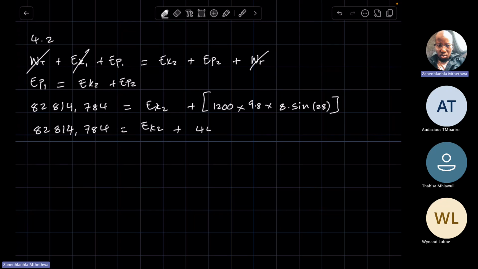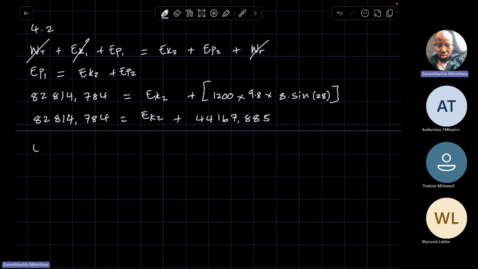So this is 44167,8885. And then to get EK2, you make EK2 the subject, hence you transpose this to the other side, hence you will have 82814,784, then that becomes negative 44167,885.